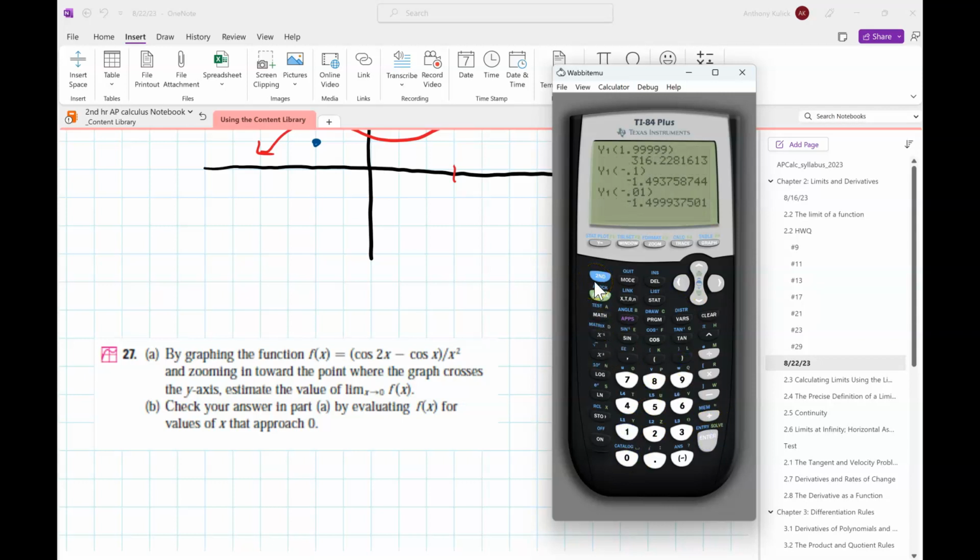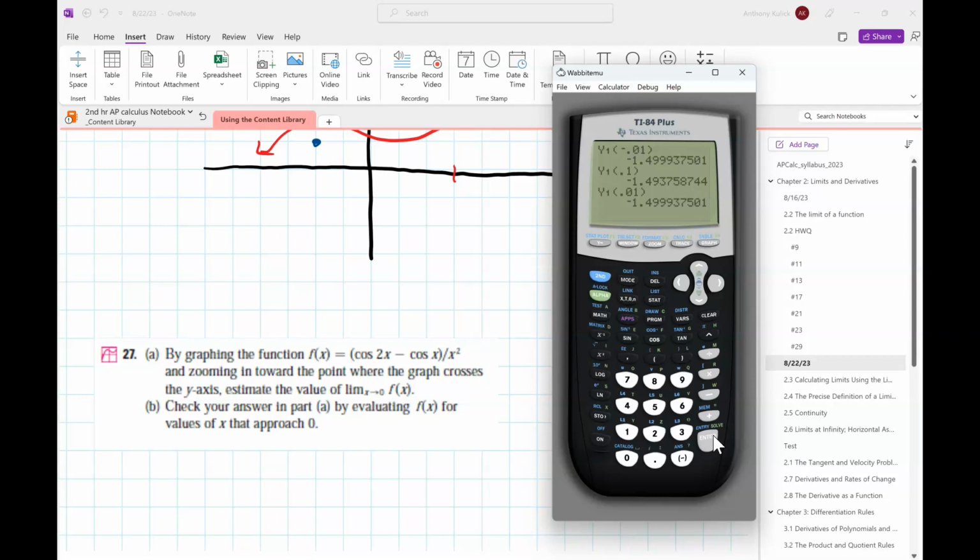At this point, I'm pretty convinced we're going to negative 0.5. If I do the same thing from above, I'll just knock the negative sign off and repeat the process. I'm getting the exact same thing, so again, I'm pretty convinced this is heading towards negative 0.5.